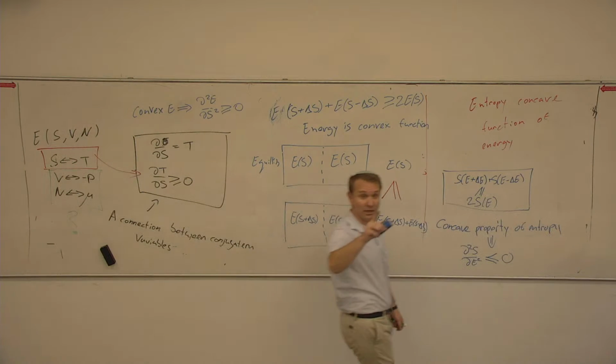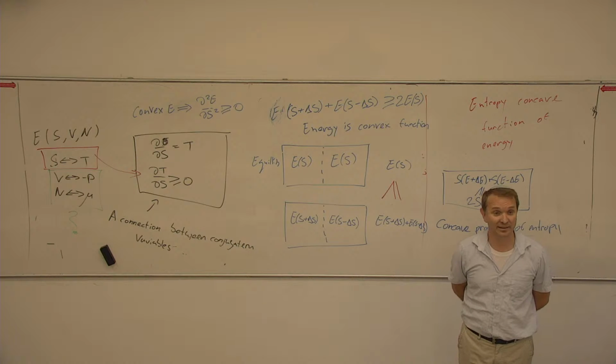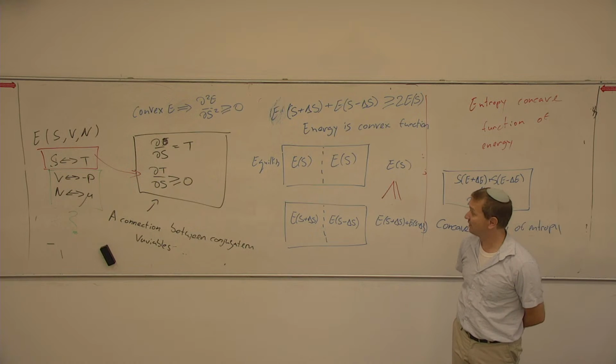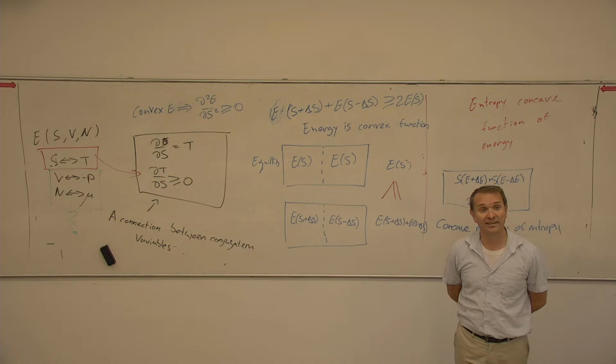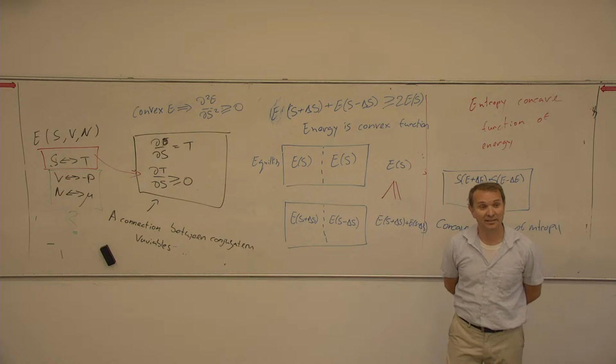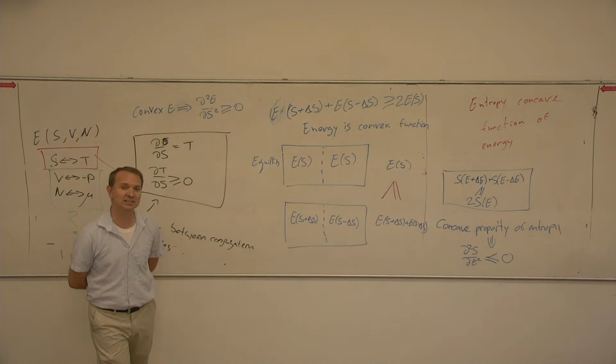Any questions? Yes. According to what you said, if we have a state that is not in equilibrium, dT/dS is greater than 0, but in equilibrium you have to be at maximum temperature because you can't... No, it's not saying that.